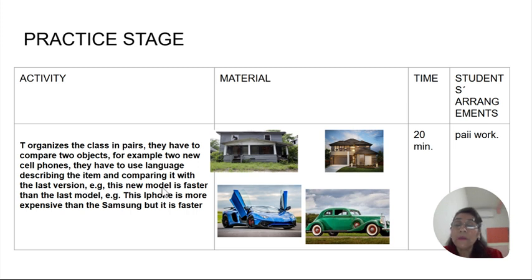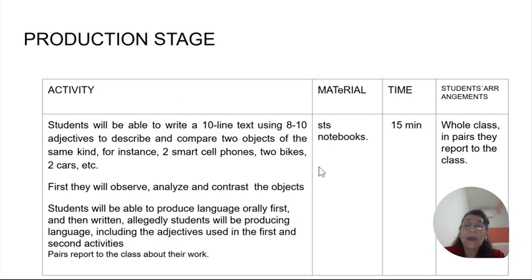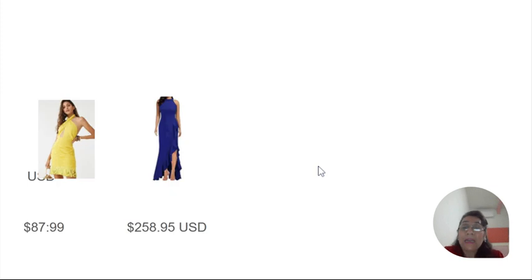For example, this new model is faster than the last model. This laptop is more expensive than the Samsung, but it's faster. For example, what can they say about these two dresses? In case one student makes mistakes, the other one can correct him or her, or they can create the sentence.